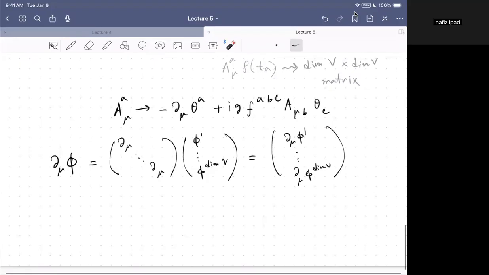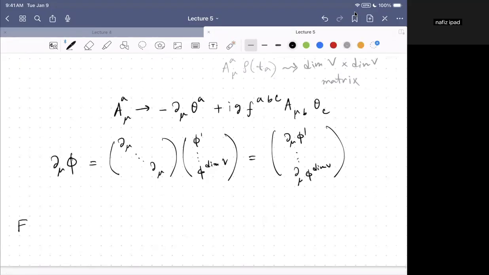The examples to keep in mind are, for example, you can have scalar fields.